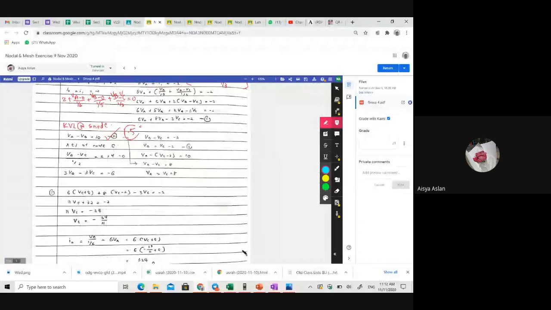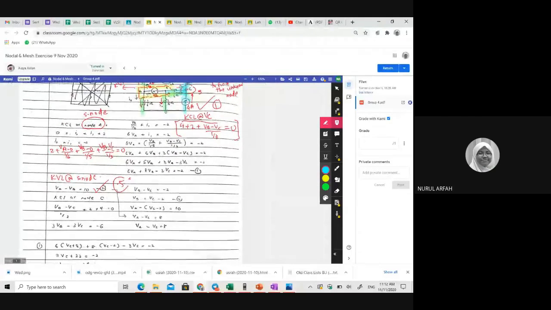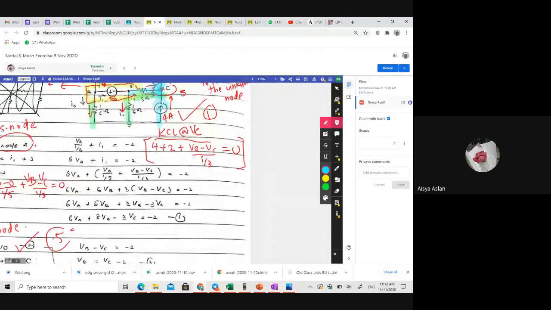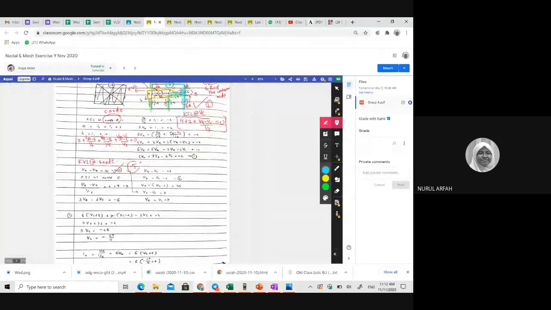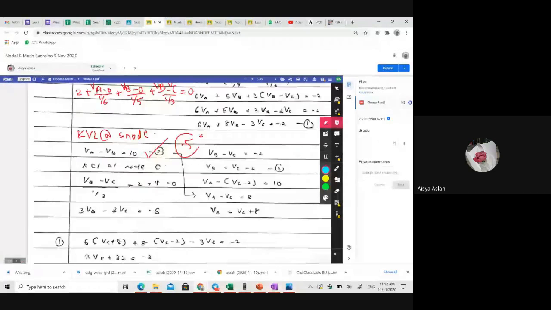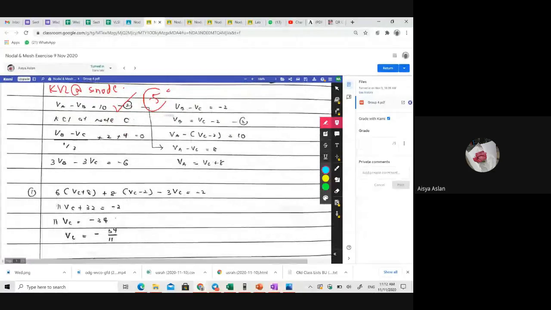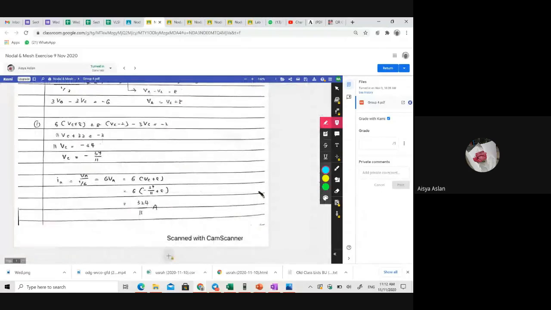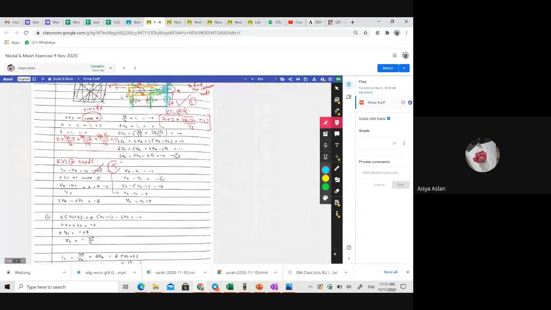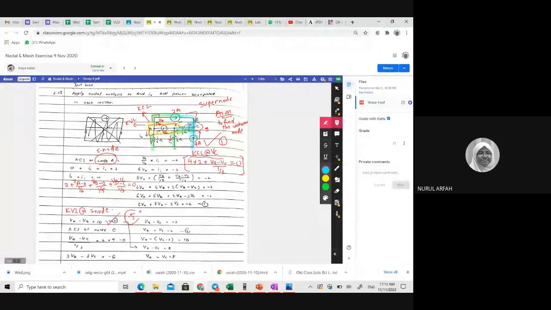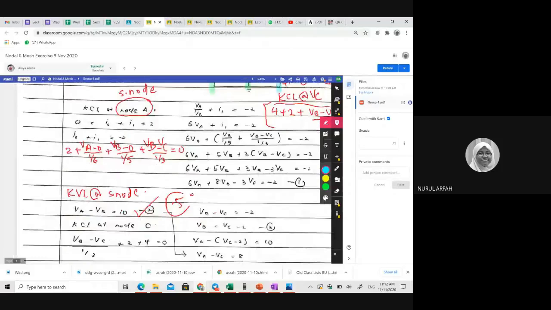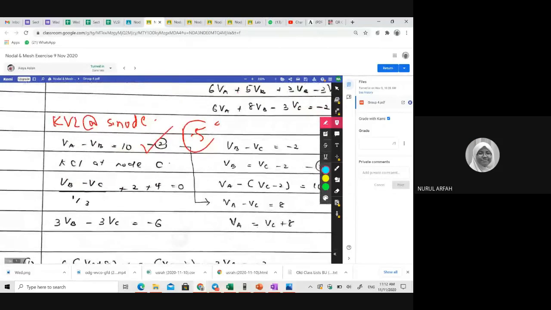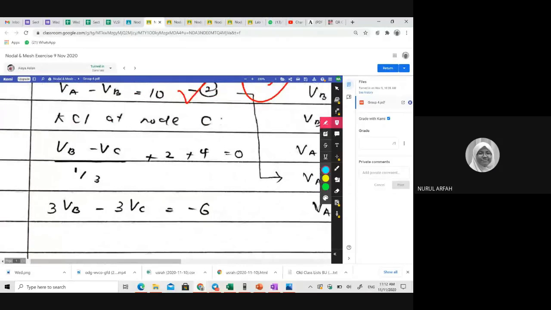I did write the KCL at node C. But which one? The left side. Okay, this one. Below the line of the KVL at super node that madam marked. The right side. Oh, this. Is it this one? No. A bit lower. That is what you need to write: KVL at super node. Here. Yeah, that one. You've already written it.